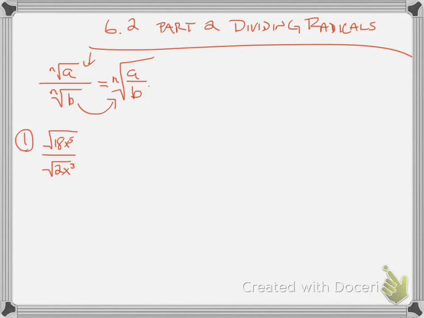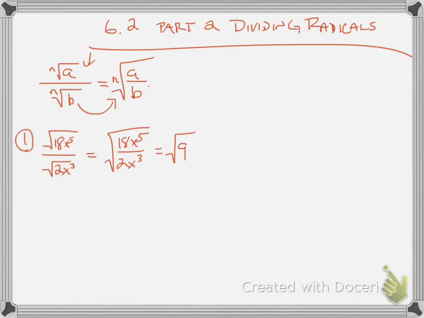So for example, this first one, the square root of 18x to the fifth divided by the square root of 2x to the third, I can write as the square root of 18x to the fifth divided by 2x to the third. And now I'm able to simplify this fraction. 18 divided by 2 is 9.